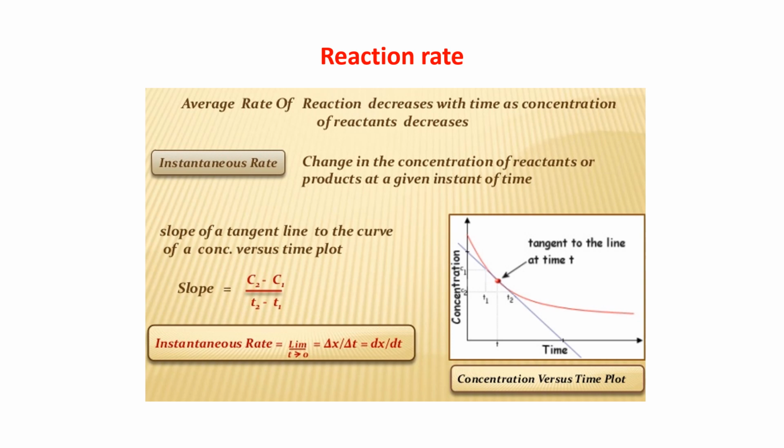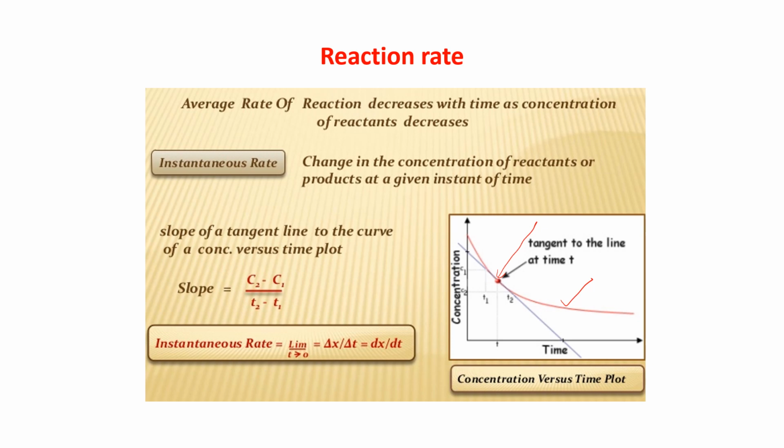You can find out by taking the tangent on the graph curve. This is the concentration-time curve of a reaction. Now suppose at this particular instant you have to find out the rate. So you have to draw a tangent at that point, and then the slope, that is C2 minus C1 by T2 minus T1.